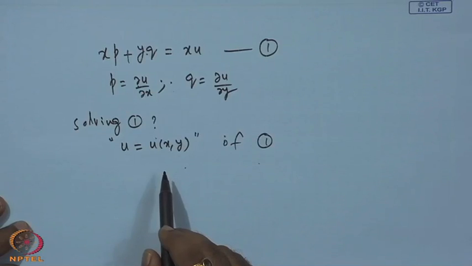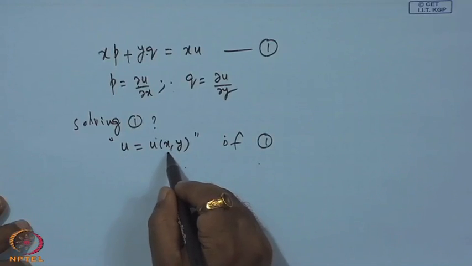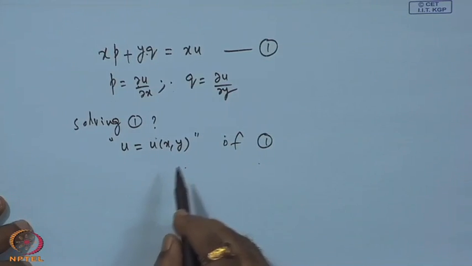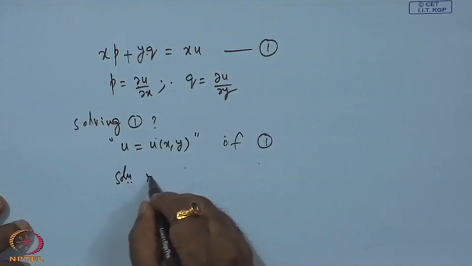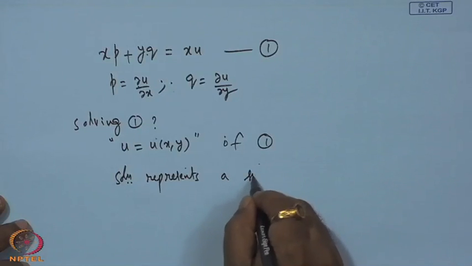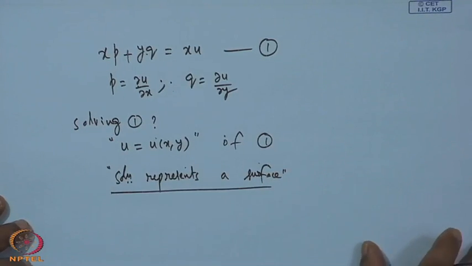One can guess that in case of partial differential equations, since we have one dependent variable and two independent variables, as you vary with respect to these, one would expect the solution to represent a surface.